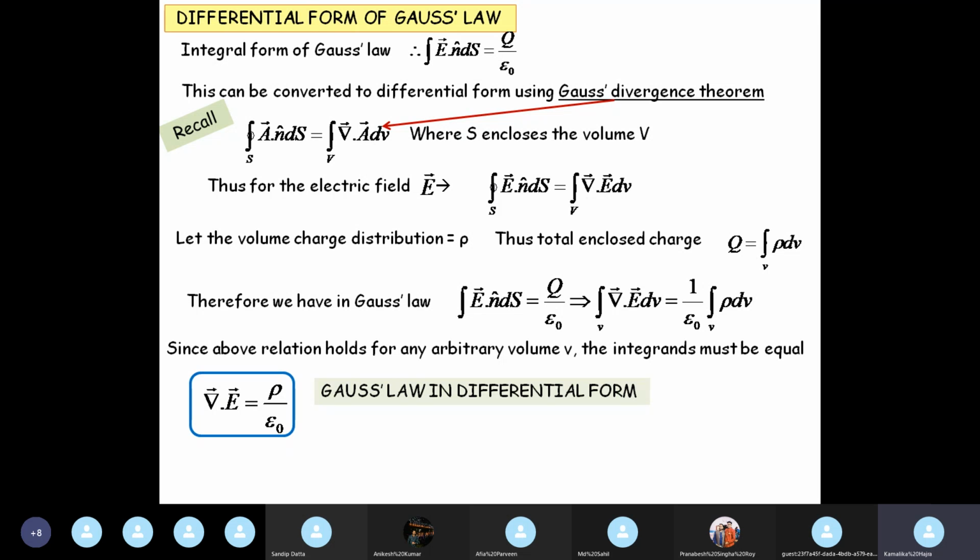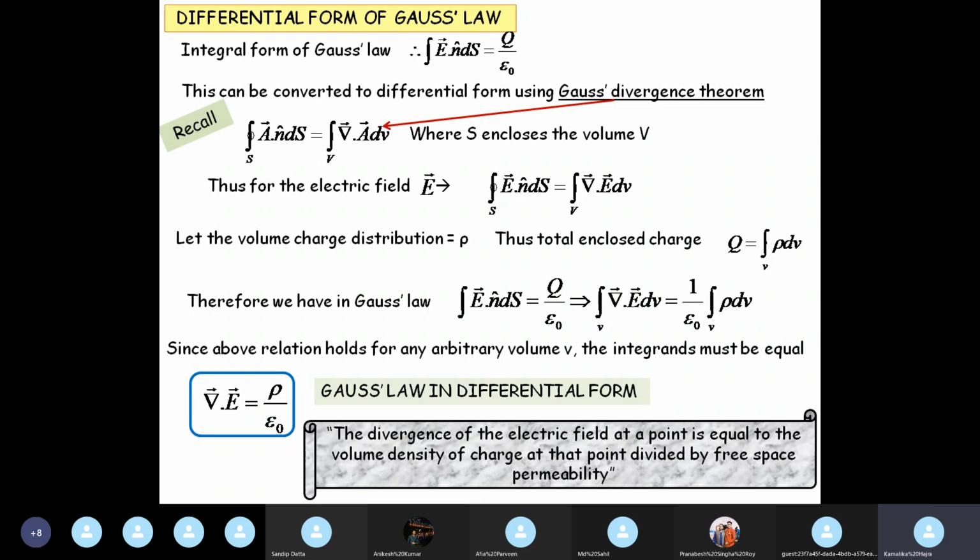Clear to everybody? So Gauss's law in differential form: the divergence of the electric field is equal to the volume charge distribution divided by epsilon naught. In other words, the divergence of the electric field at a point is equal to the volume density of charge at that point divided by free space permittivity.